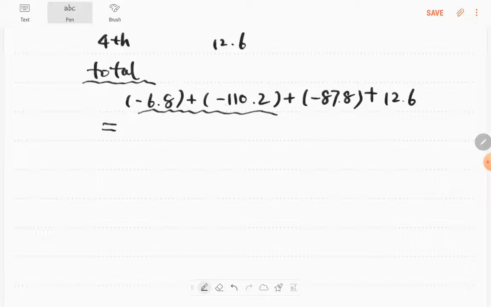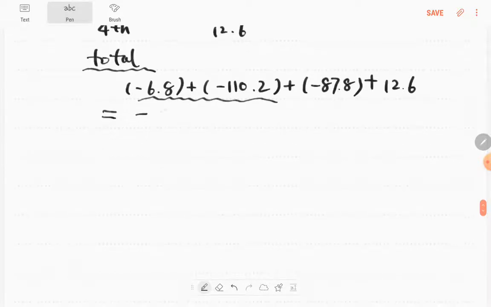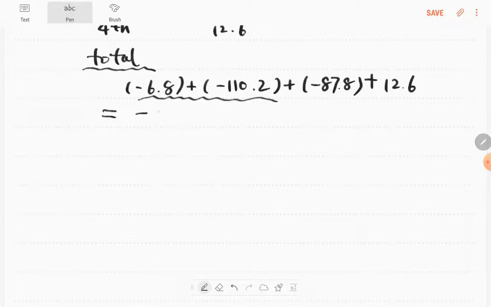Negative plus negative, which means they have same sign. So our answer will have same sign, negative. And we need to add up their absolute value. So we will get 117. 6.8 plus 110.2, we will get 117.